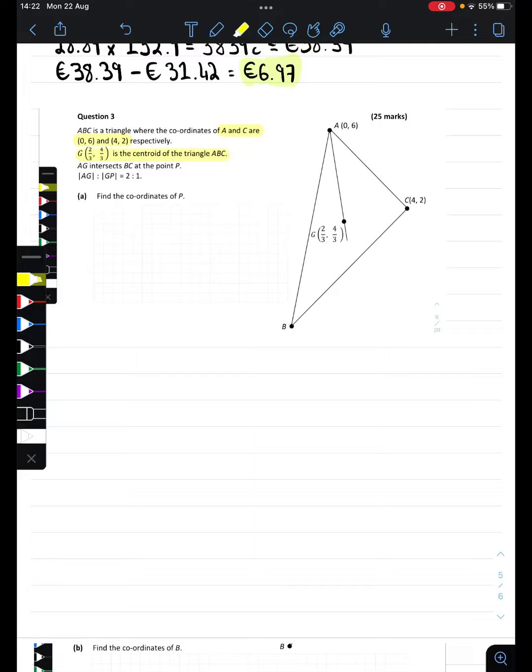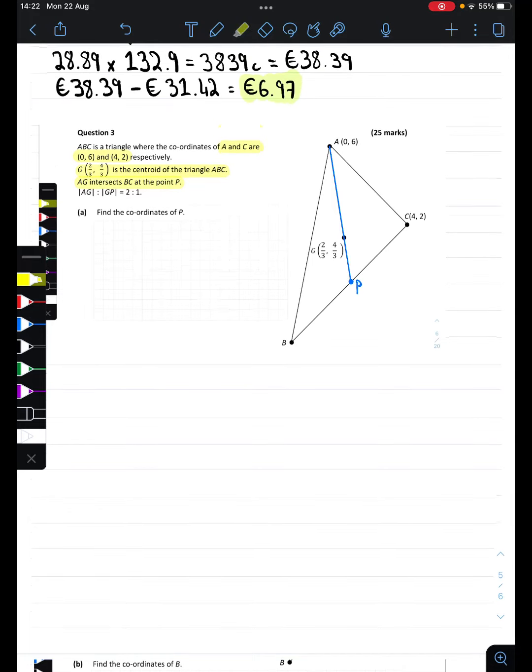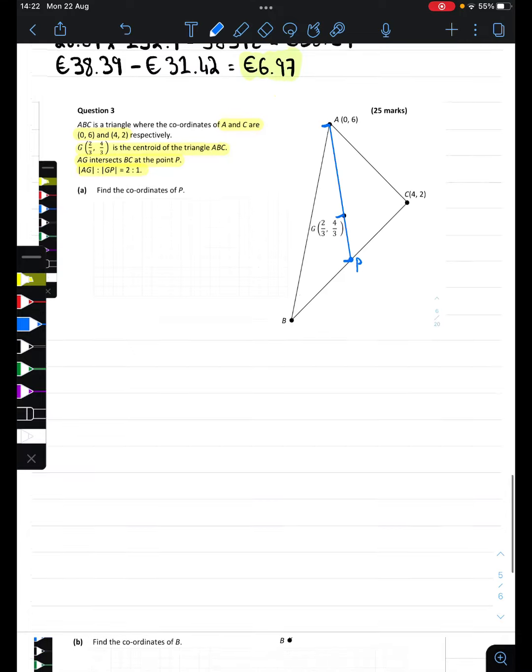AG intersects BC at the point P. So if we extend this line AG, then it will hit BC at P, and the ratio of AG to GP, so this length to this length, is 2 to 1.